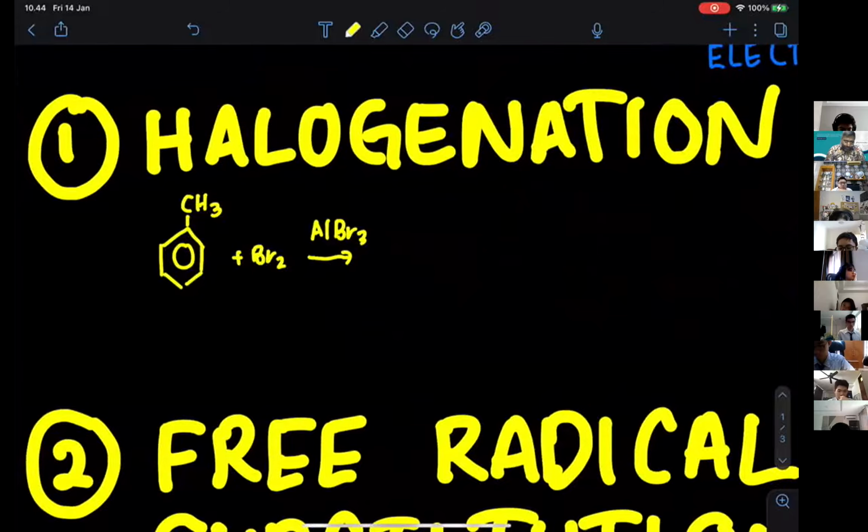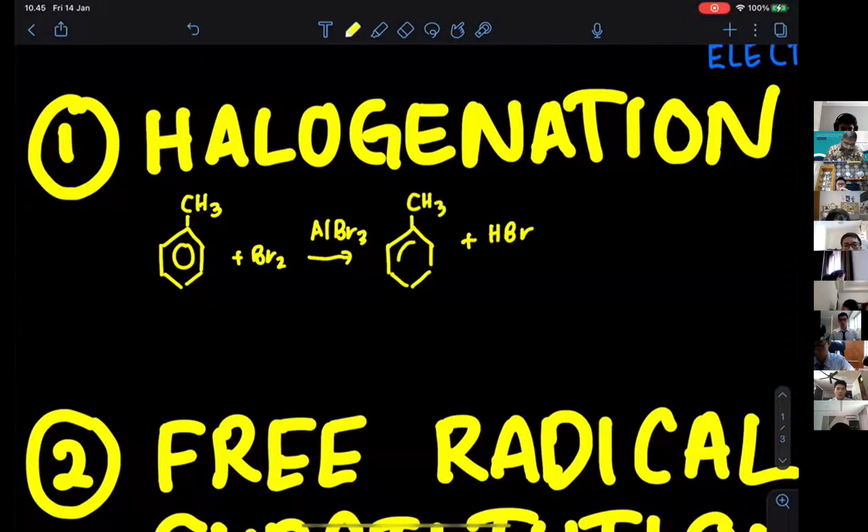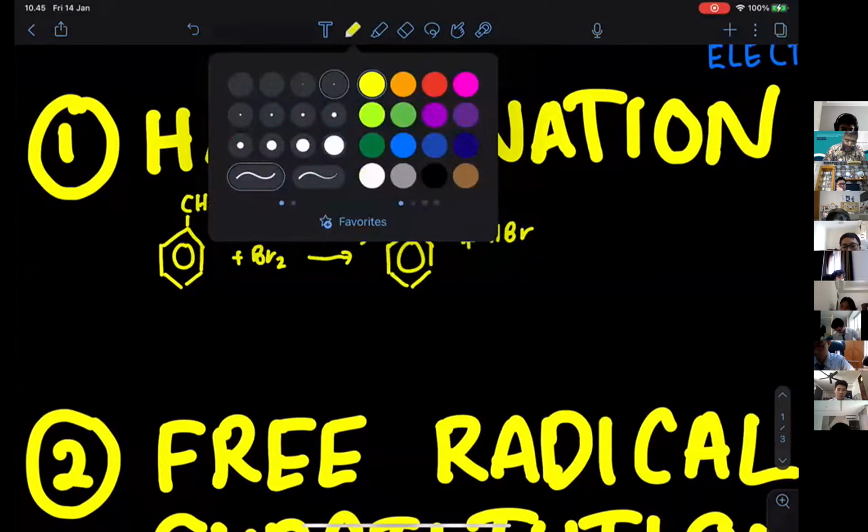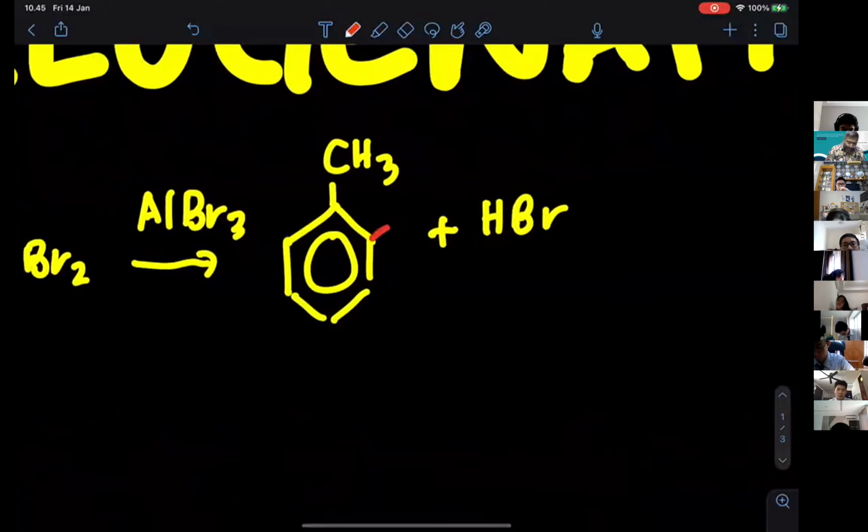Of course, you're going to get HBr also here, and you are going to get the CH3 here. I'll just write the equation only. You can get the Br coming over here, 2,4,6 directing, right? So it can come over here, and it can also be 2,4 like this, and the Br can also come over here.